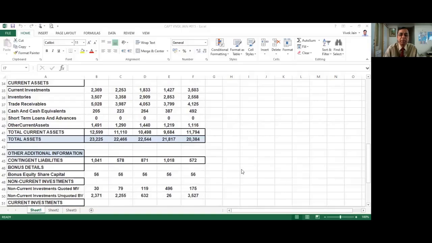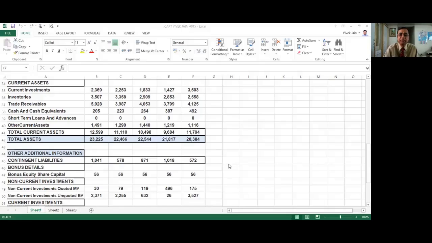That means over the past so many years that Dr. Reddy's has been in the stock market, they have probably started off with say 27 crores of equity capital, maybe initially. And then on that, bonuses have been given.